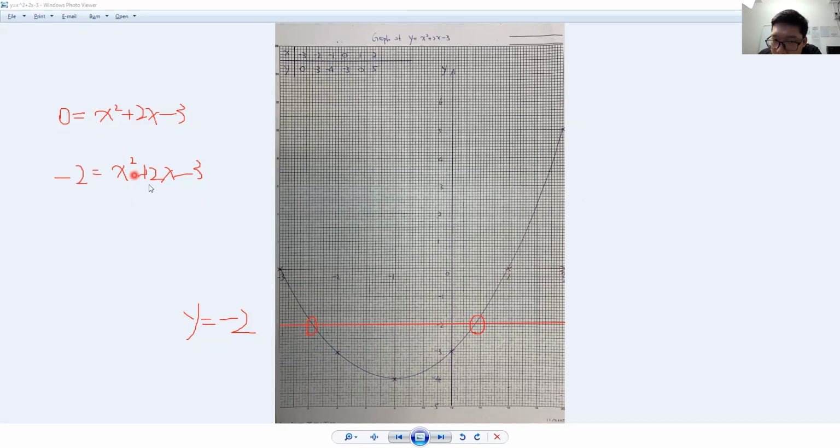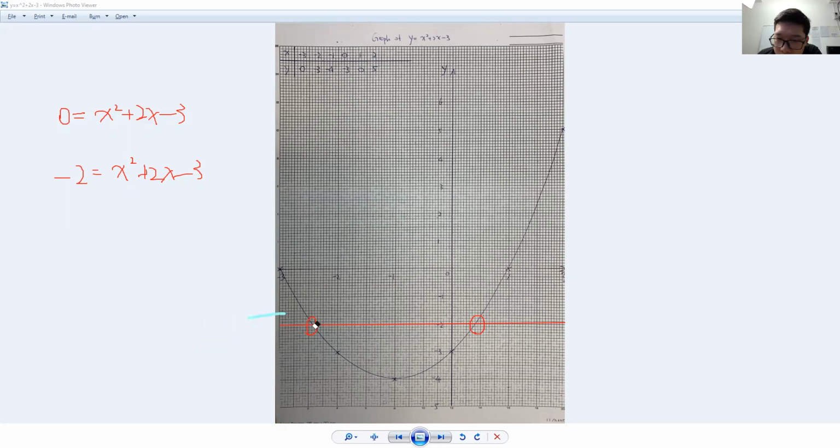When the left hand side equals the right hand side, it means the intersection point. So by reading the x coordinates, we can get the 2 solutions for this new equation. Okay, so this is how to use the same graph to solve a different quadratic equation.